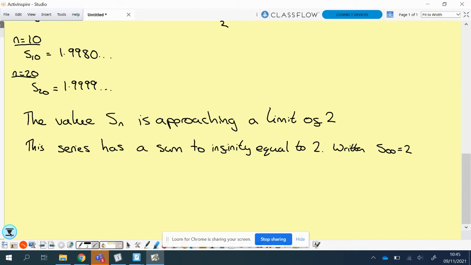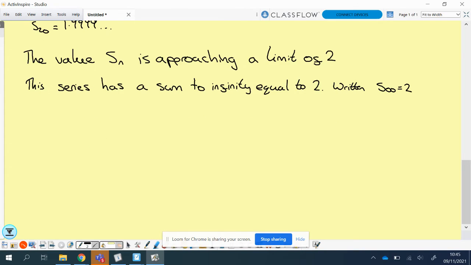So there is a reason why that happened in the second case and not the first case. It's very similar to the recurrence relations from Higher when you looked at limits last year.